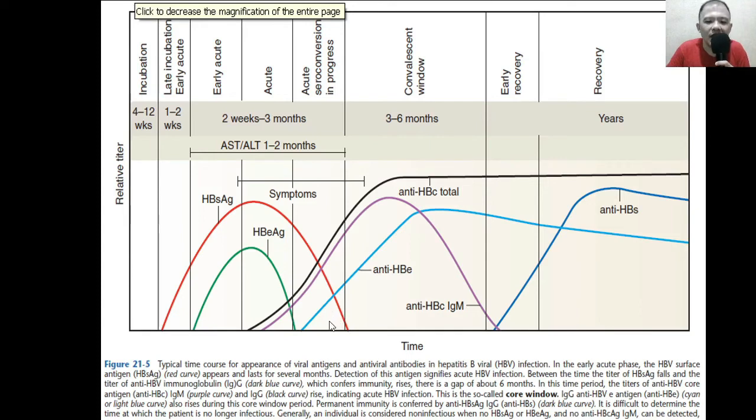When the patient already has the antibody to the HBE, that means the patient is not infectious anymore at this time. Much later you have the antibody to the HBS. If you notice, there is no overlap between the antibody to the HBS and the HBS antigen, because they are separated by the window period.